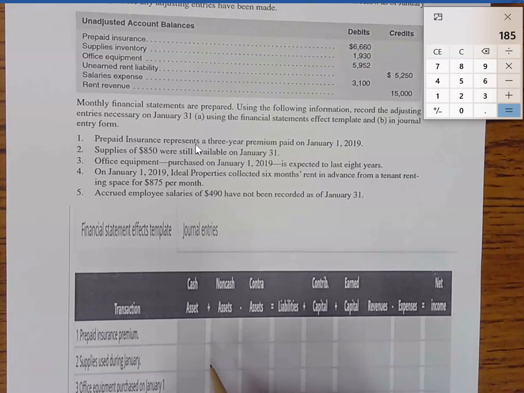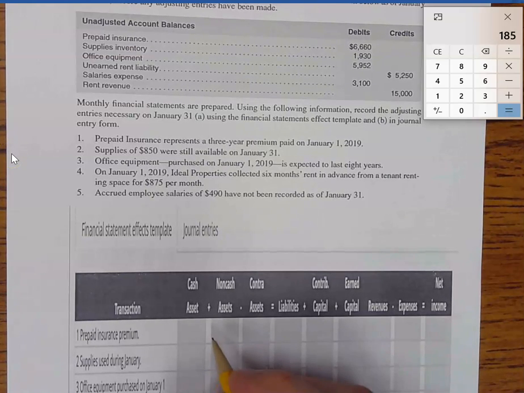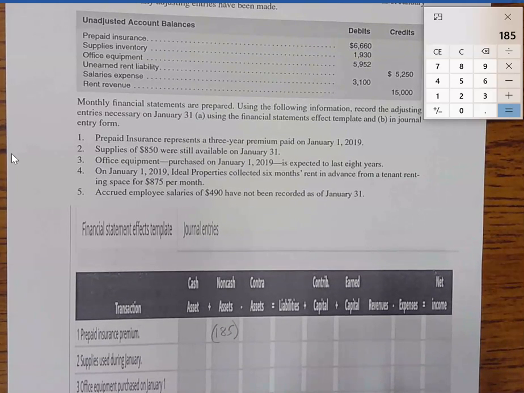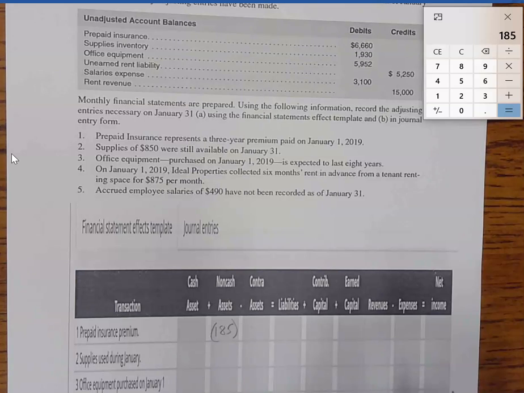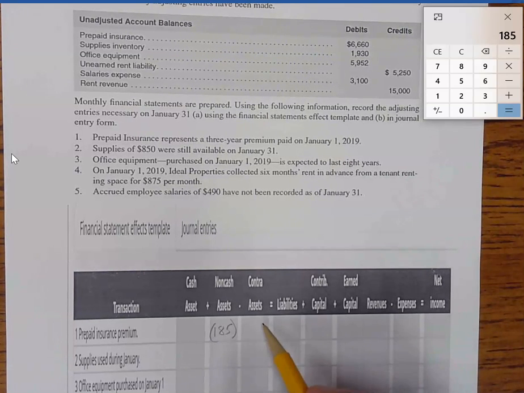Well, what we have to understand is that our asset was $6,660 as soon as we bought the policy. It is now going to be reduced by 1 month, 185. So this non-cash asset, prepaid insurance, has gone down by $185. Okay, no contra assets here.